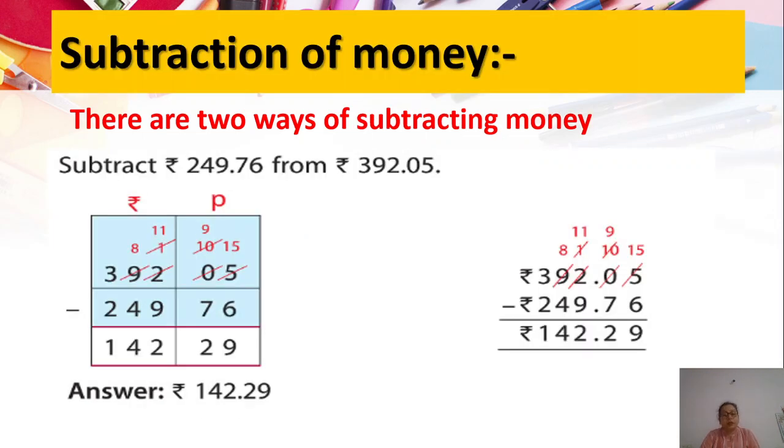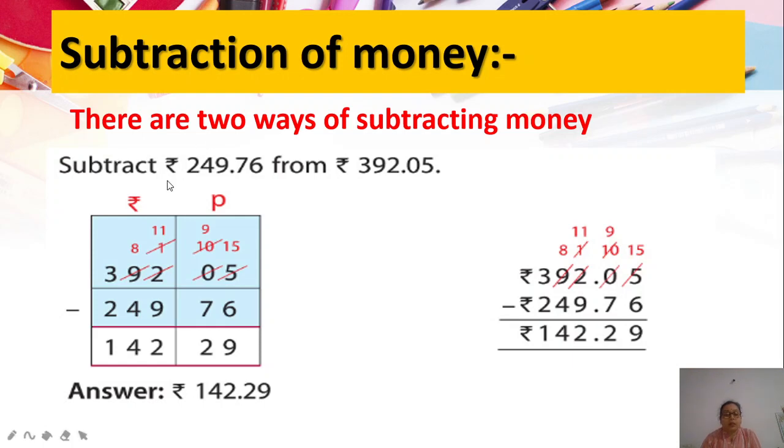In the same way as we did addition, we can do subtraction of money. We use the same two ways. Firstly, we can write paise in the paise column, rupees in the rupees column and do the subtraction. Or you can write money using the dot, arrange it one below another and do the subtraction.